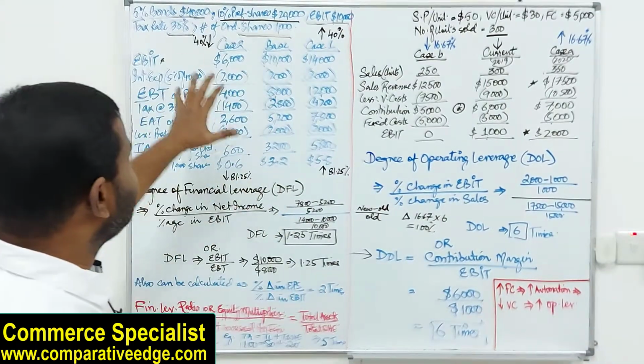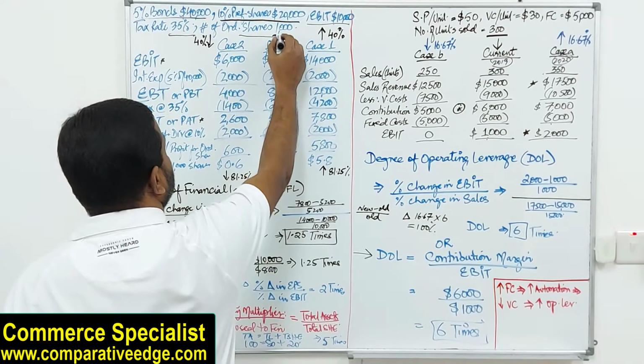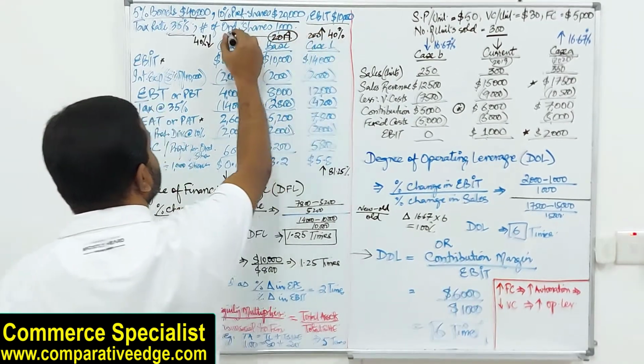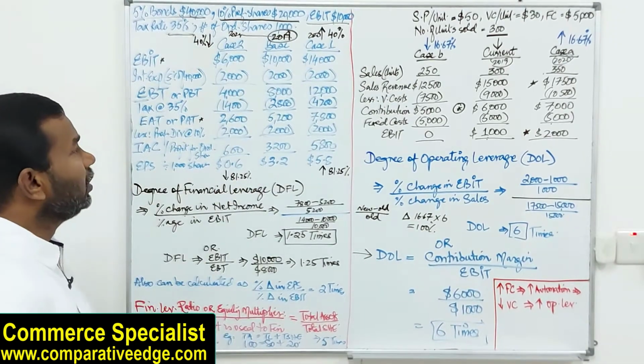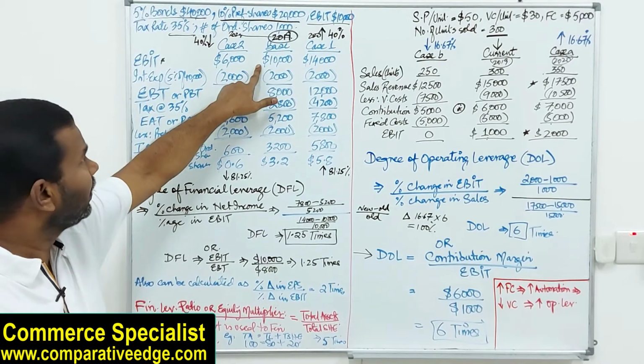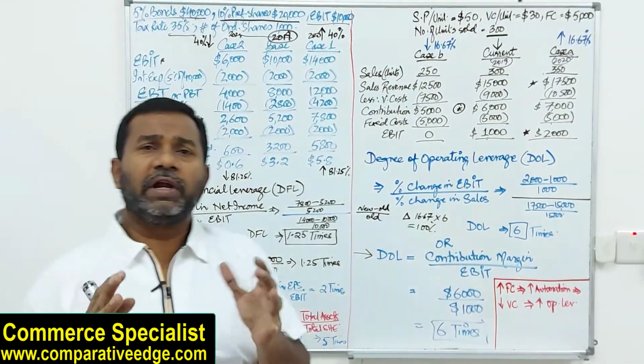Now looking at these assumptions, the base year you can take as 2019, for example, and this would be 2020 and this is 2021. So we are looking at the base year. If the EBIT is 10,000, obviously EBIT means earnings before interest and taxes.